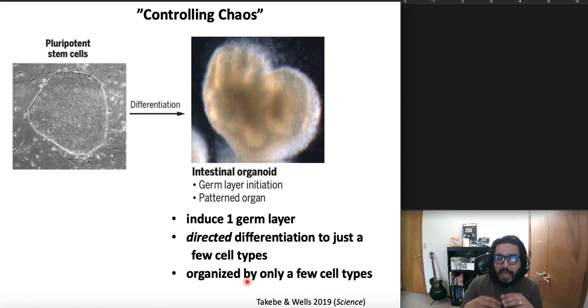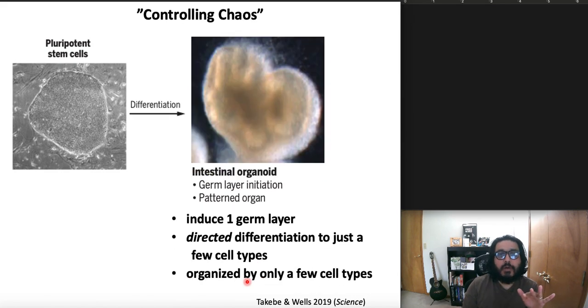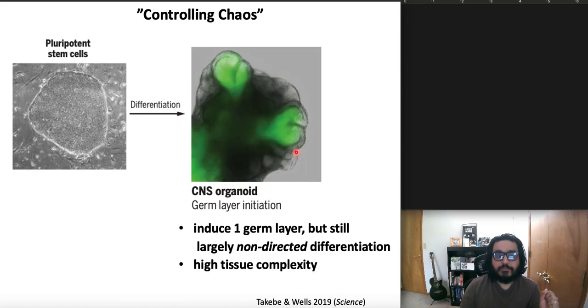So it's not as simple as this kind of 2D model. You get a little more self-organization, a few more cell types that have organized, but it's still relatively simple. We've controlled it to a good amount, but there's still a little more complexity than would occur from focusing on just one cell type.